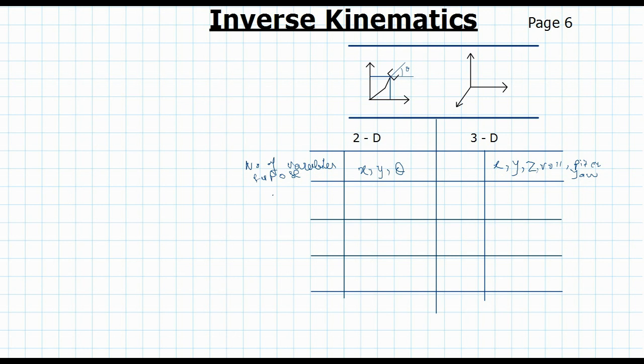Okay, so we would need 6 variables. Now let's think about our robot.